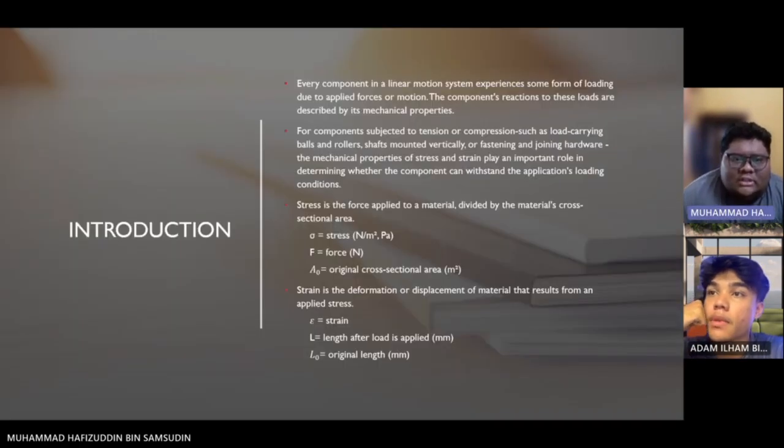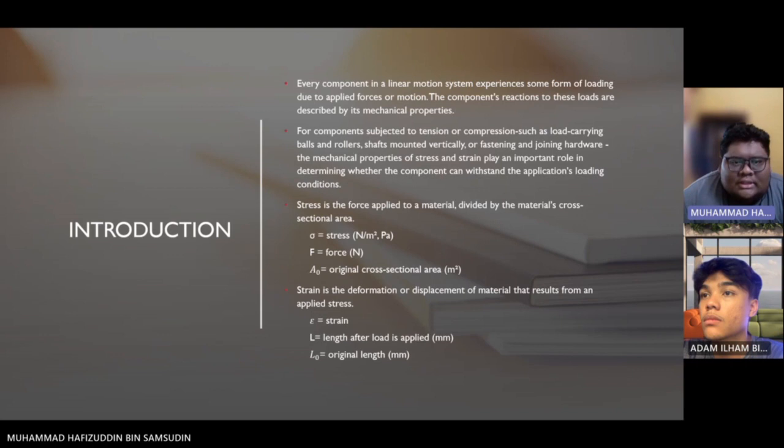For the introduction, every component in a linear motion system experiences some form of loading due to applied force or motion. The component's reaction to this load is described by its mechanical properties.